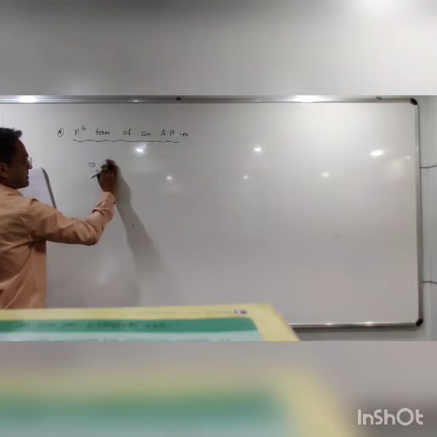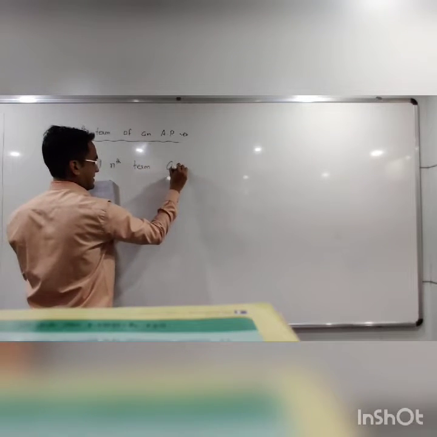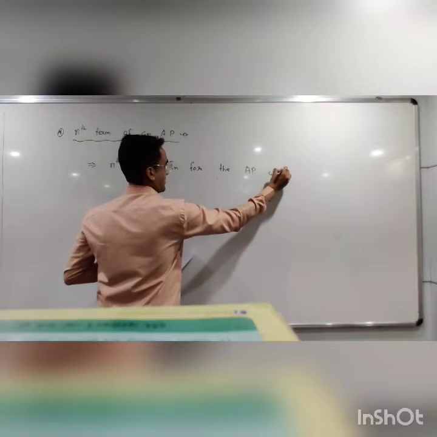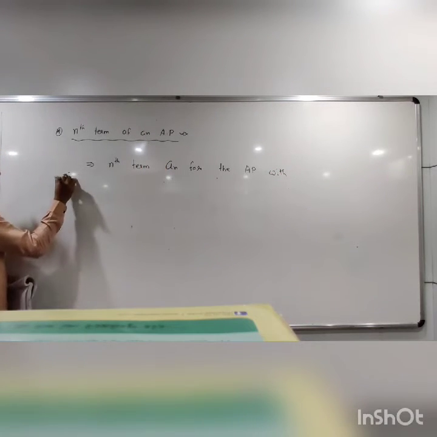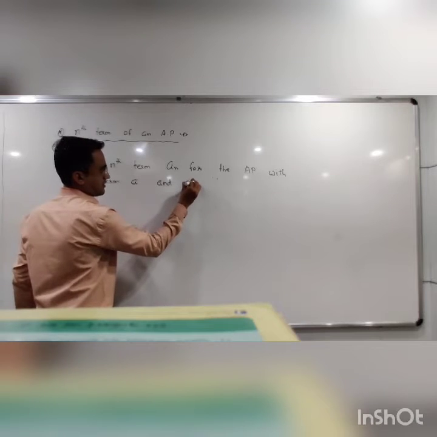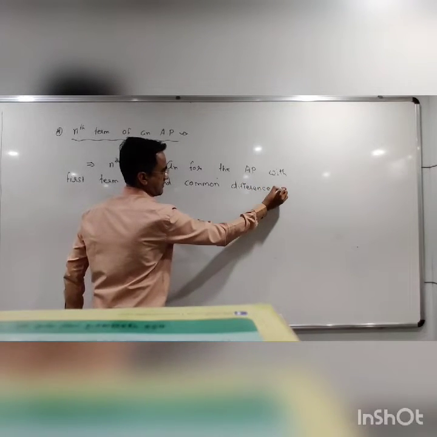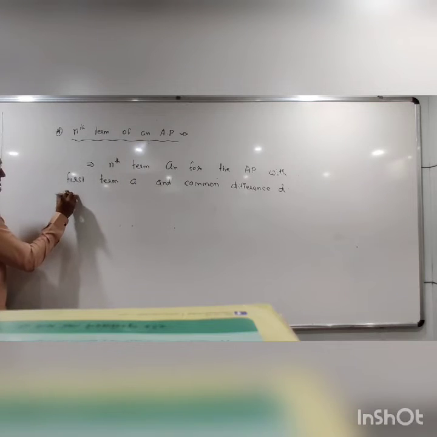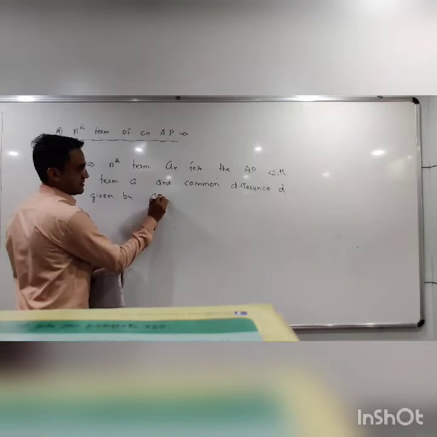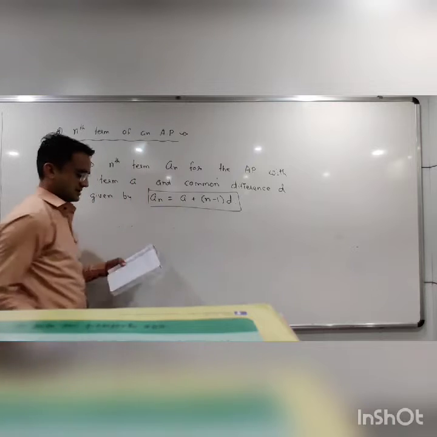The nth term an for the AP with first term a and common difference d is given by an is equal to a plus n minus 1 d. So this one is the formula.